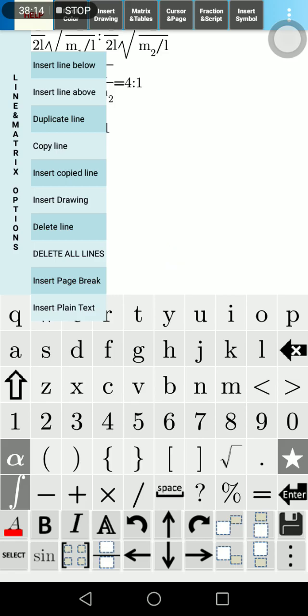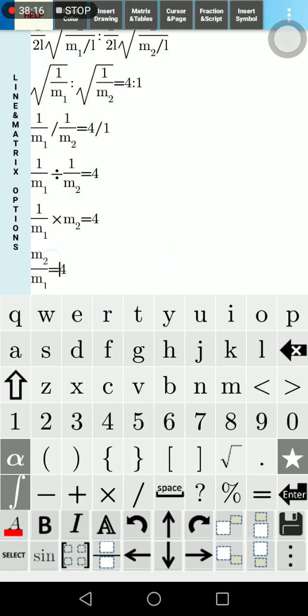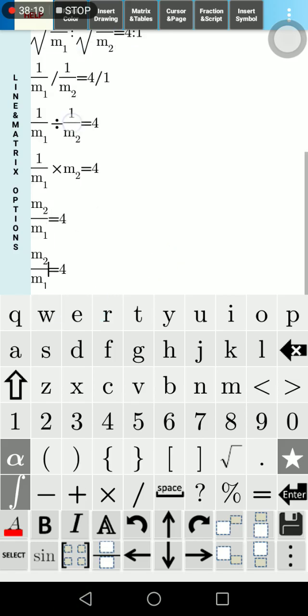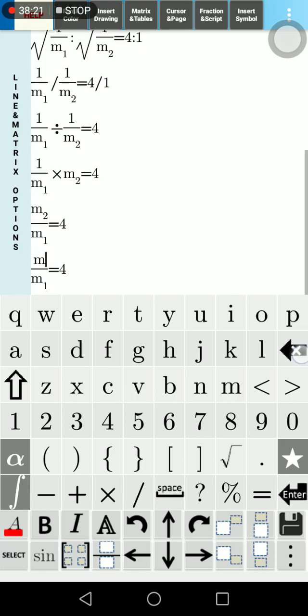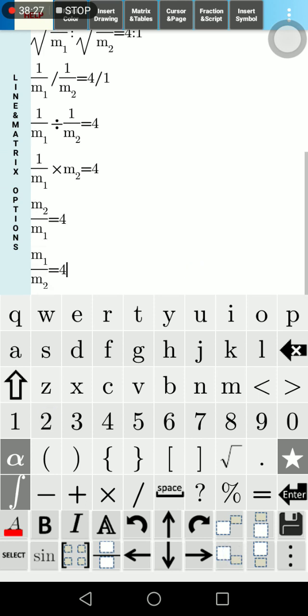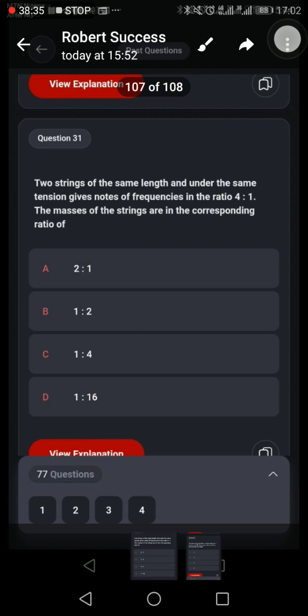So I simply take the inverse. m1 will be at the top and m2 will be at the bottom. And if I'm taking the inverse on that side, I also take the inverse here. So here becomes 1 over 4. So 1 over 4 or 1 ratio 4 is the answer. 1 ratio 4, option C.